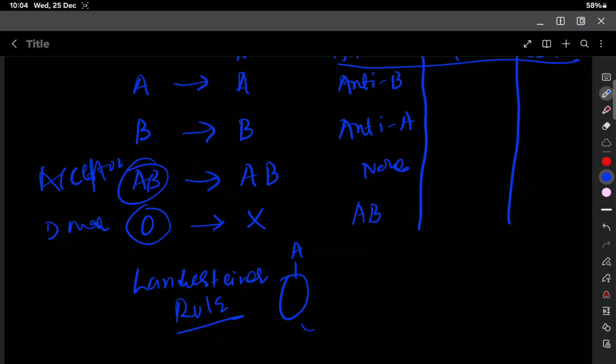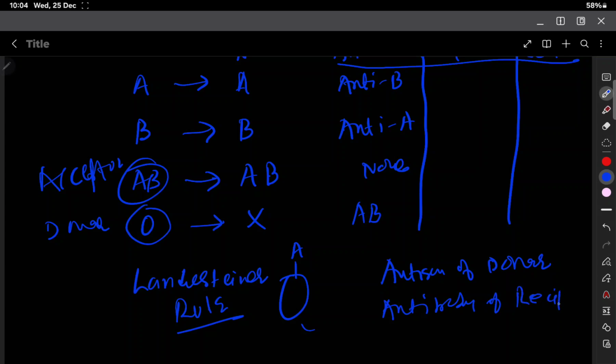And the important thing here, because I am going to explain who can receive and who can donate: while transfusing blood, the antigen of the donor is considered and the antibody of the recipient is considered.